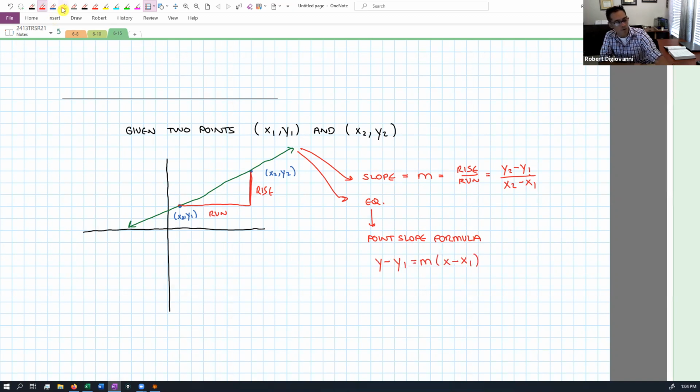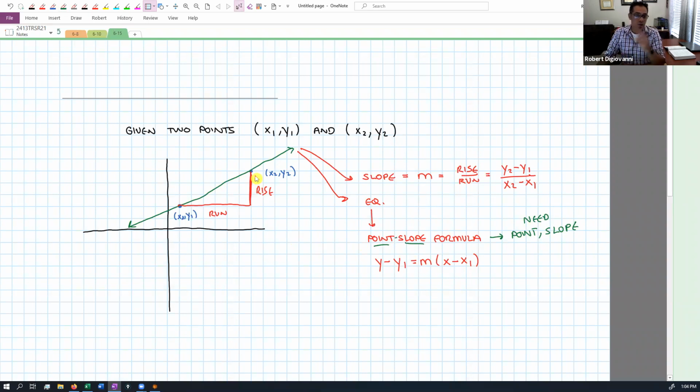And I'll also point out to you that to use the point slope formula, we need a point and we need the slope. Okay, that's what you need in order to use this formula. You need to know a point on the line and you need to know the slope of the line, which is why it has the name point slope formula, because you need both a point and a slope.